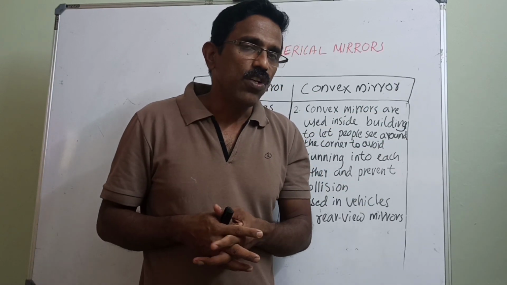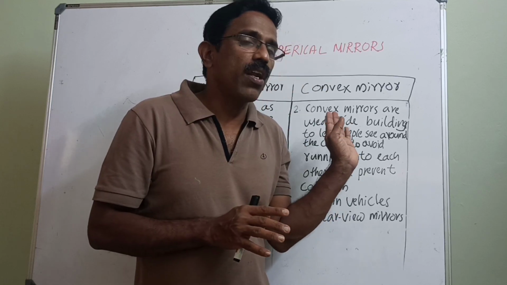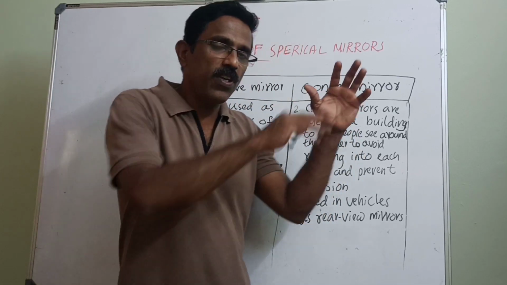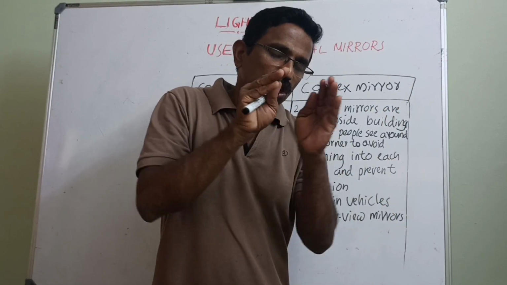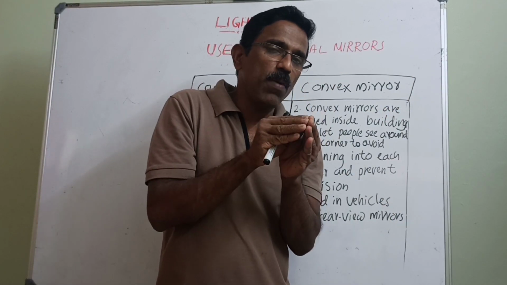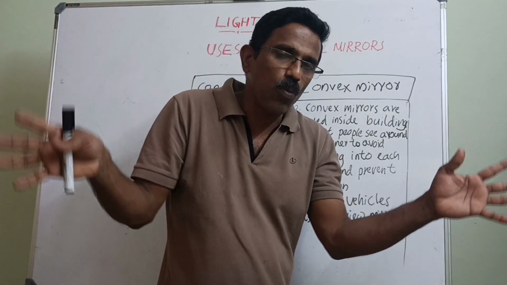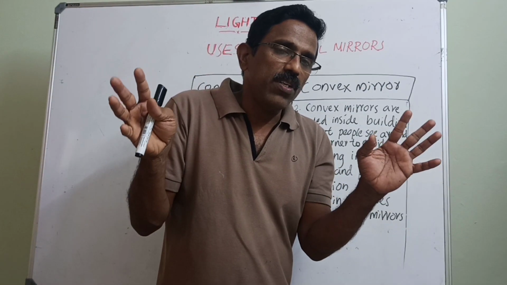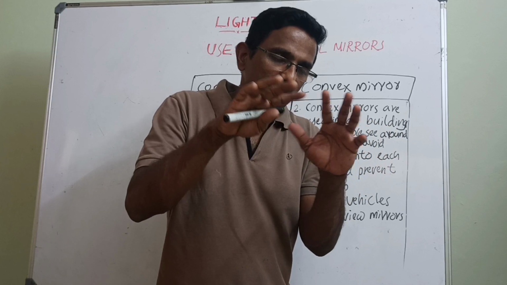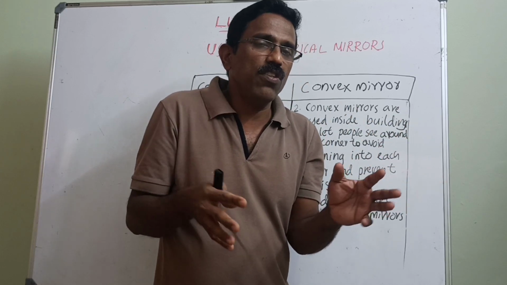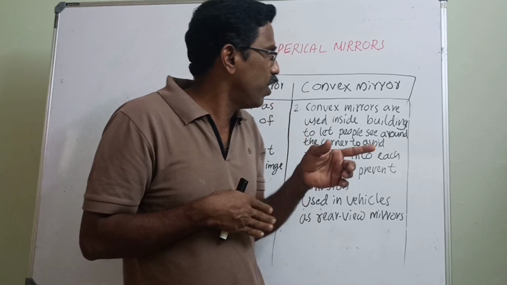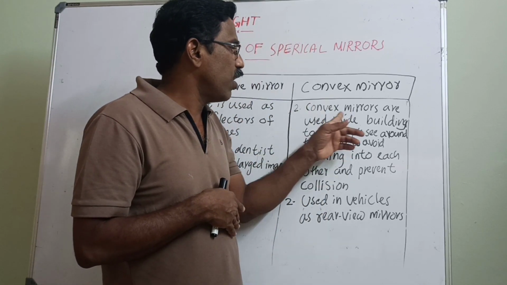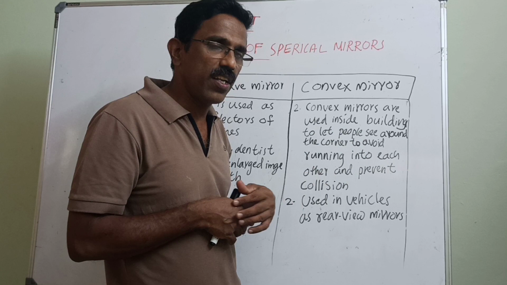If a convex mirror is fixed somewhere, it gives a diminished, smaller image of the objects inside the room, so that a person coming into the room can see every corner very easily. So accidental collision can be avoided if these convex mirrors are used inside the building.